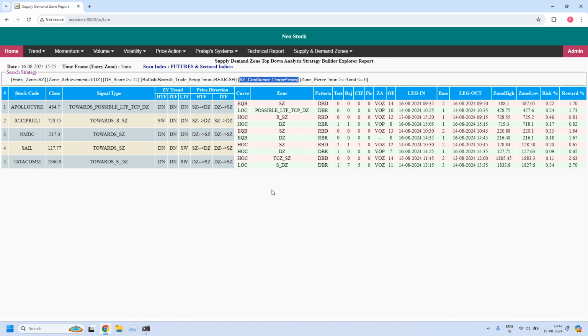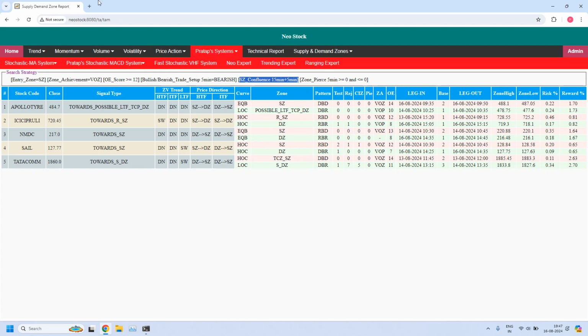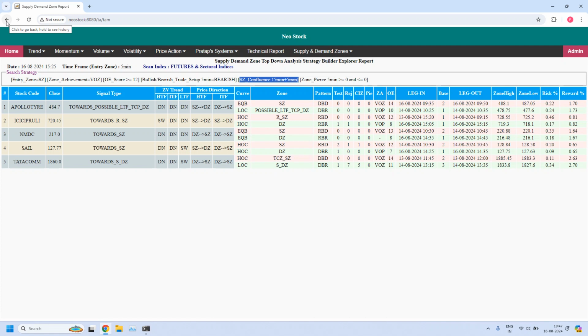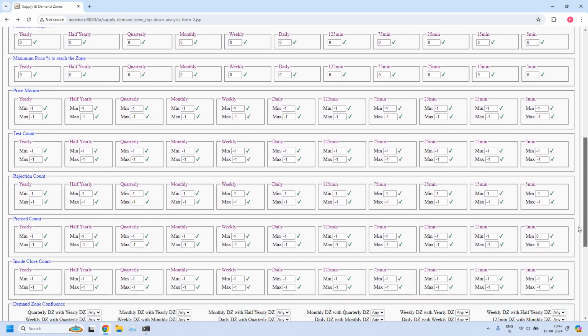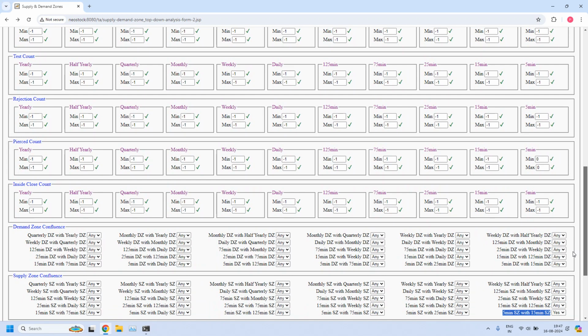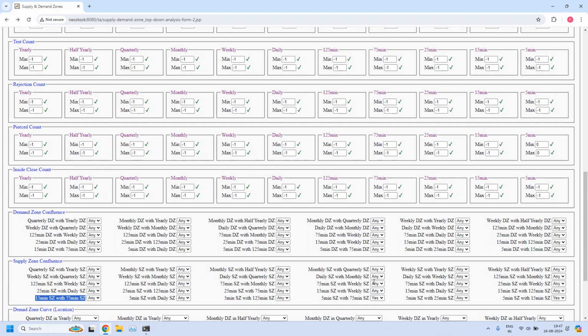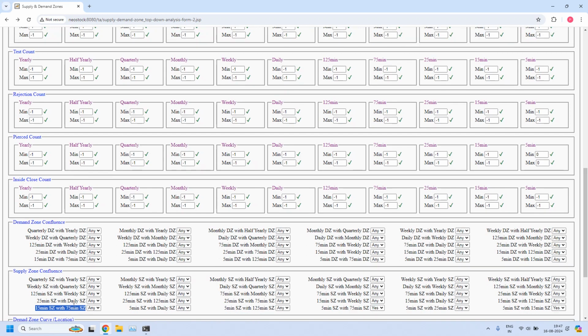Now let's add one more, that is HTF confluence also. So already 5-minute supply zone with 15 minutes is enabled. Now 5-minute supply zone with 75 also selected, and 15-minute supply zone with 75 minutes supply zone confluence also selected.